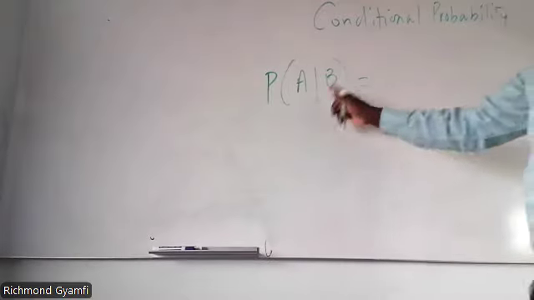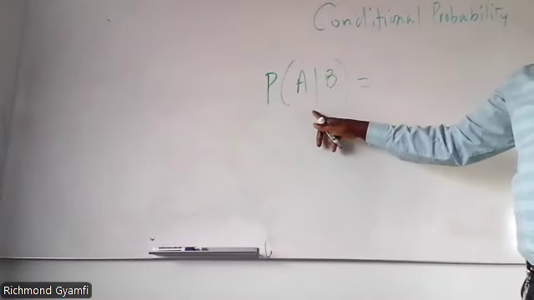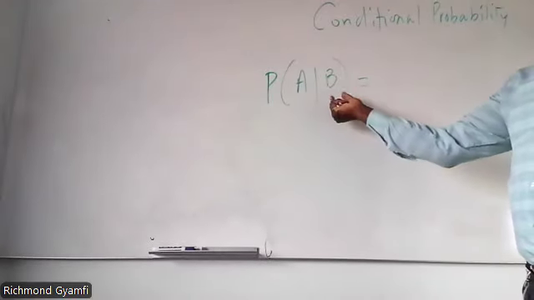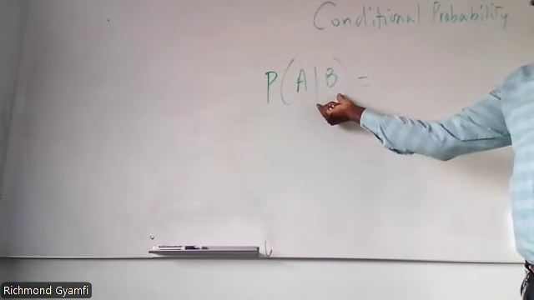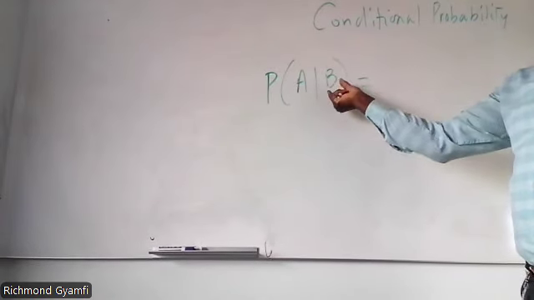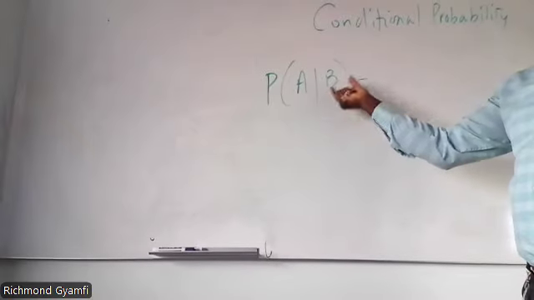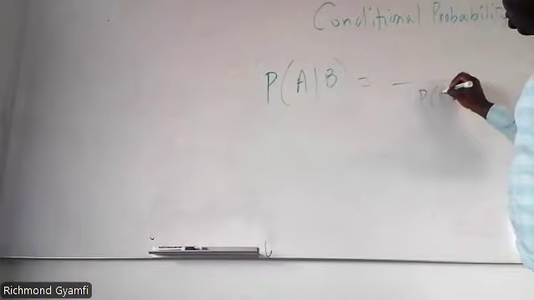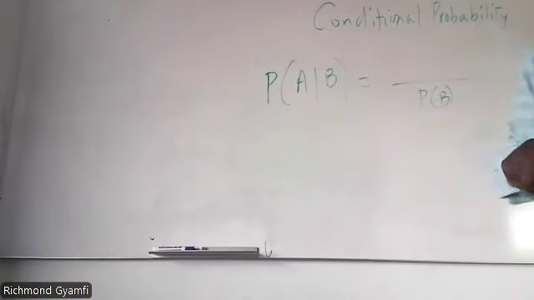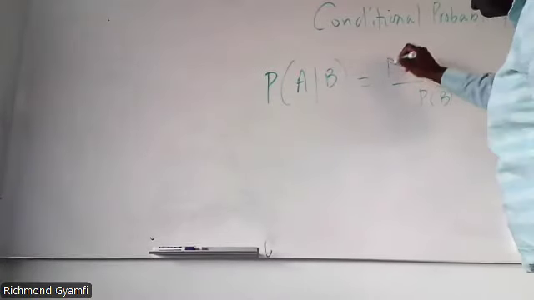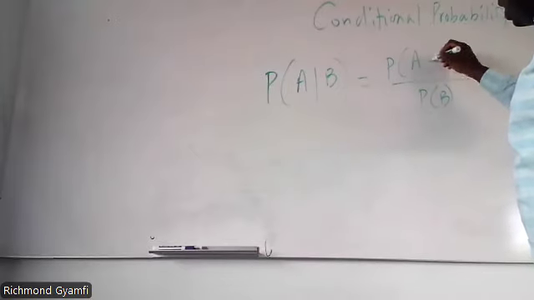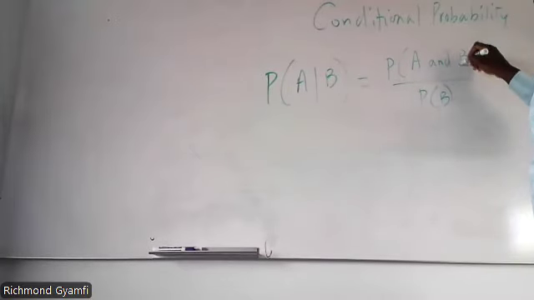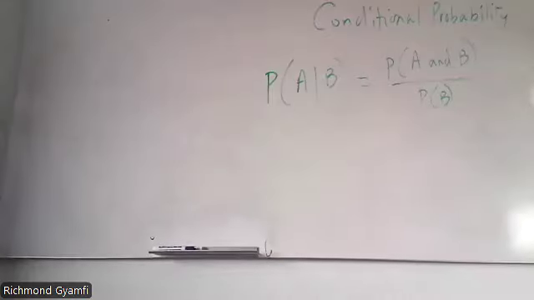Now, look at the condition, given B. Now, this part here, given B, will make the probability of B the denominator. So I'm going to put the probability of B at the bottom. And then the top is going to be the probability of A and B, like that. Again, this is a rule.